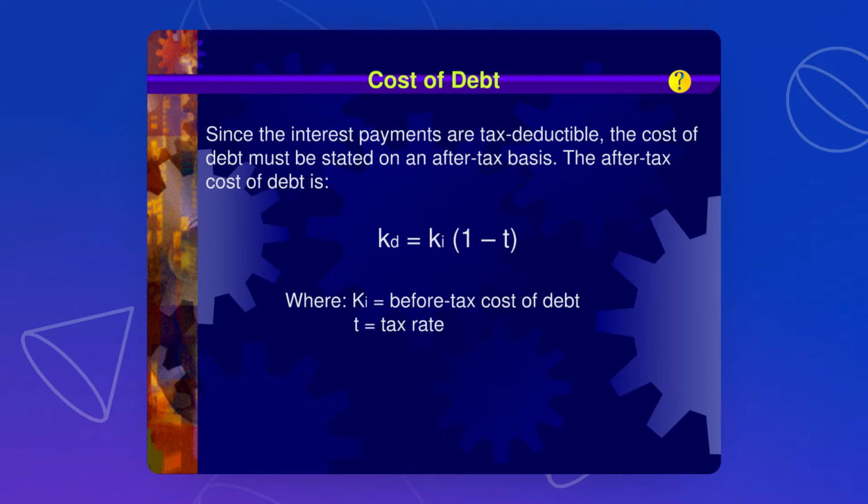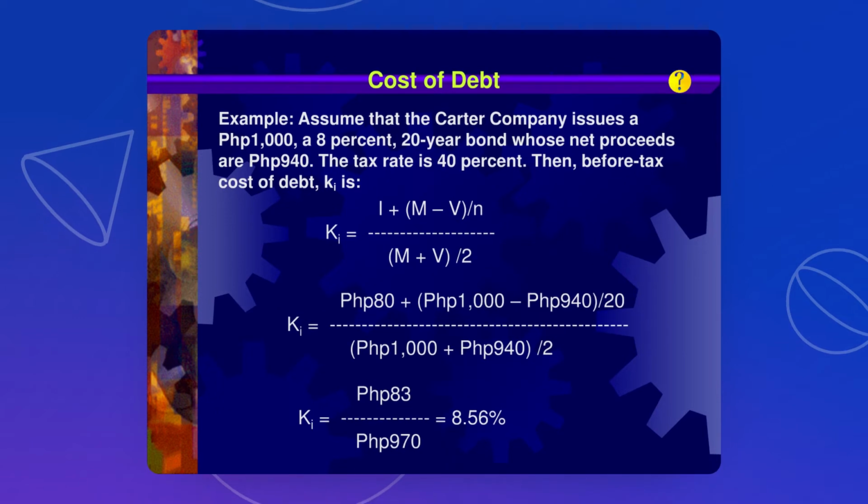Alright, let us try an example, class. Assume that the Carter Company issues a 1,000, 8%, 20-year bond whose net proceeds are 940. The tax rate is 40%.